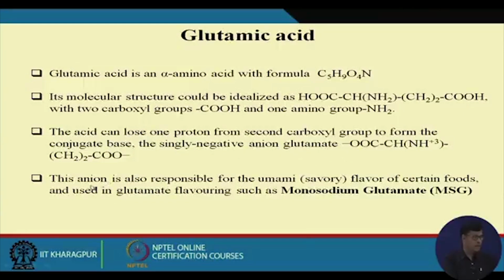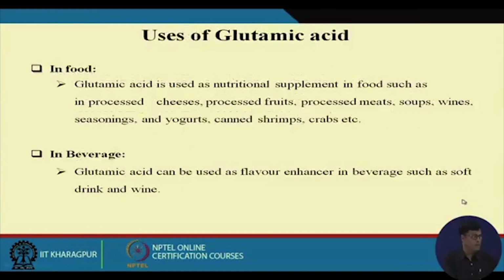This is how it forms monosodium glutamate, which is largely marketed. This anion is also responsible for the umami flavor of certain foods and is used for glutamate flavoring, that is monosodium glutamate. In abbreviated form we call it MSG.